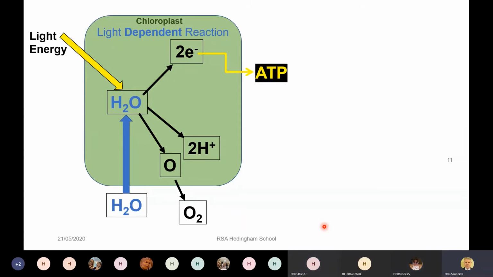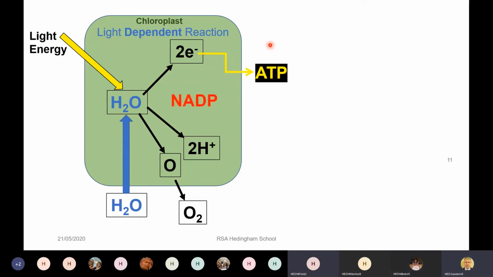And the electrons, as we've said, move down the electron transport chain, and their energy is put into ATP. That little yellow stairway arrow, I've got a pointer there, is the electron transport chain. The purpose of that is to take the energy from electrons and turn it into ATP.